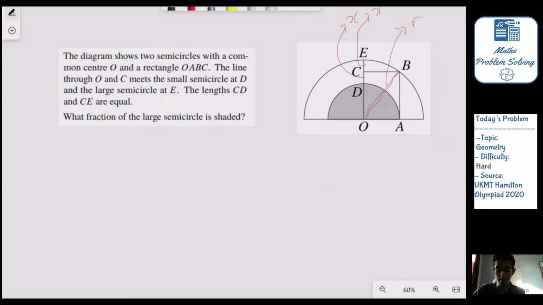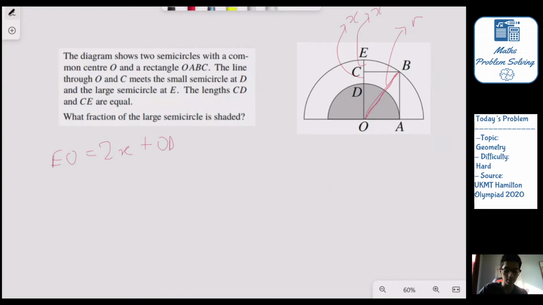Now let's write this. EO is the radius of the larger semicircle as well, which equals 2x, because it equals EC plus CD, plus OD, which is the smaller semicircle's radius.